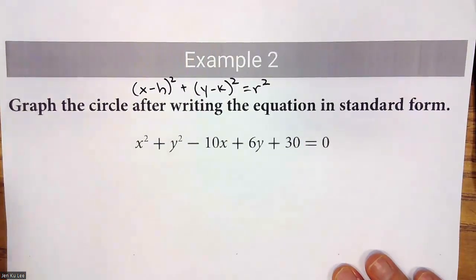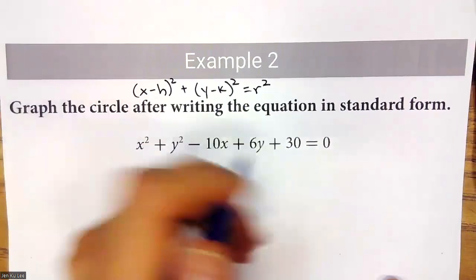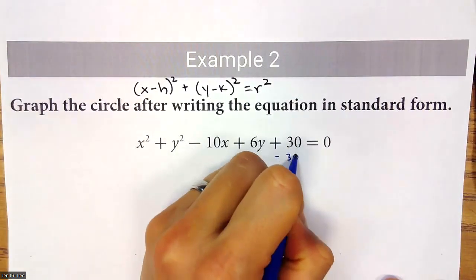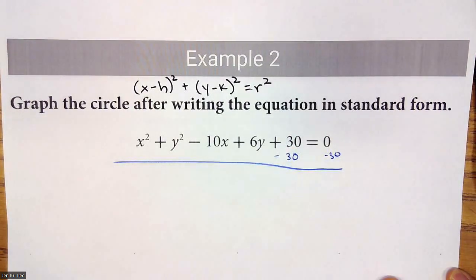So there's two completing the squares. My first thing is I'm going to use the steps that I learned in my completing the squares lesson. I'm going to first subtract 30 to get the constant on one side of the equation.